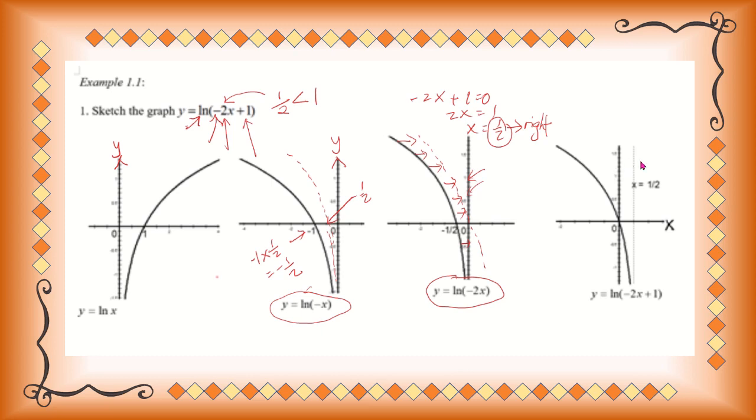After shifting, the vertical asymptote will come up from behind the y-axis. So now the vertical asymptote is no longer hidden behind the y-axis. Now we need to draw the vertical asymptote by using a dotted line, and we label it as x equals 1/2, because we have shifted the whole graph to the right by 1/2 unit. Then we will get the graph.